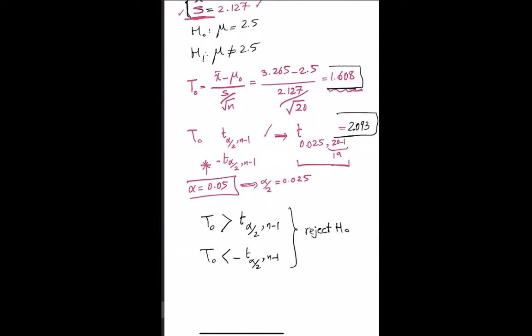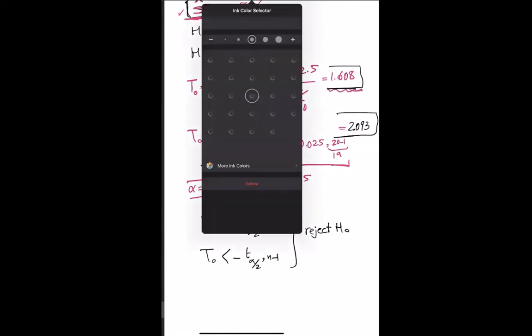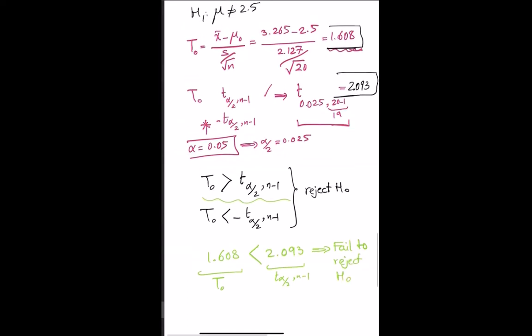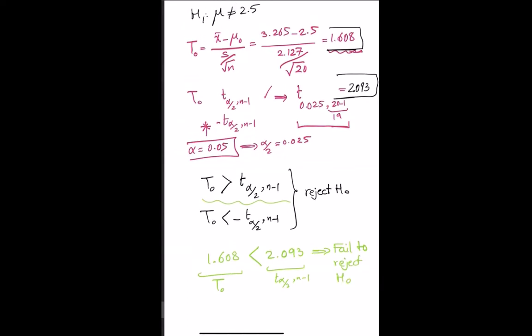Right now, the value of the test statistic here is 1.608, and the critical value is 2.093. So this is T naught, the test statistic, and this is the critical value. As you can see, the test statistic is less than the critical value. So since this condition does not hold, we fail to reject H naught. And so that's basically the conclusion here.